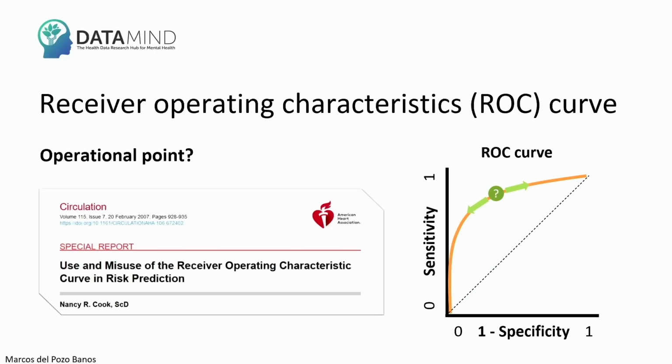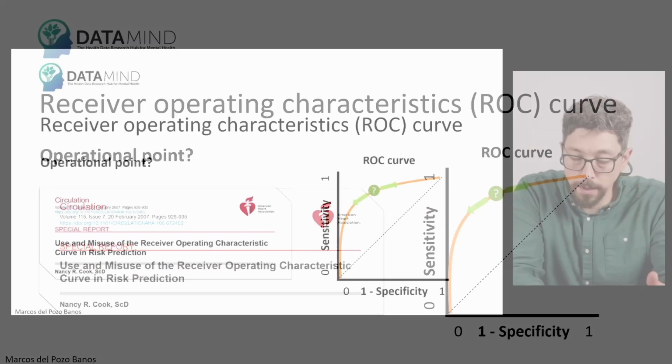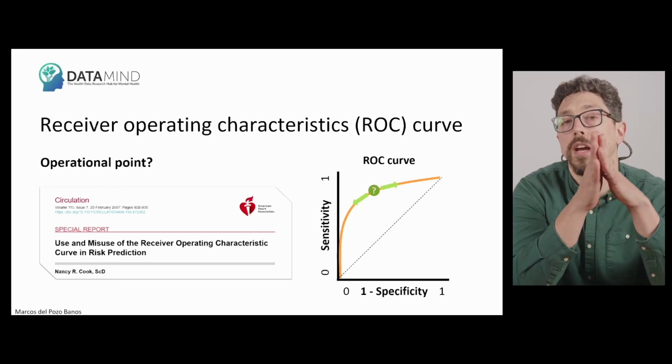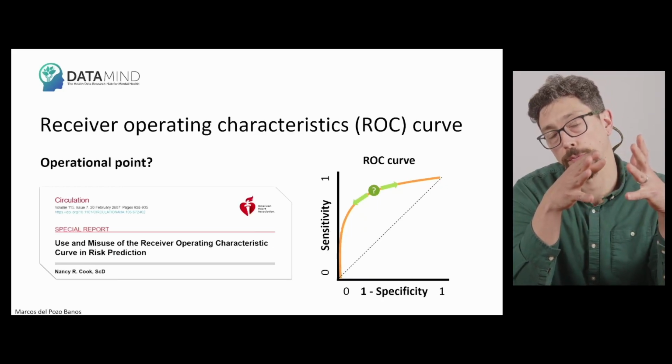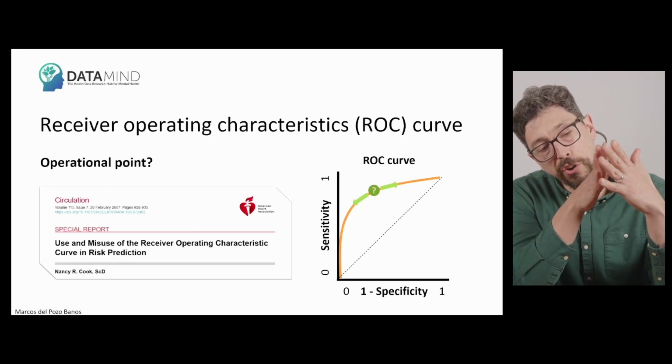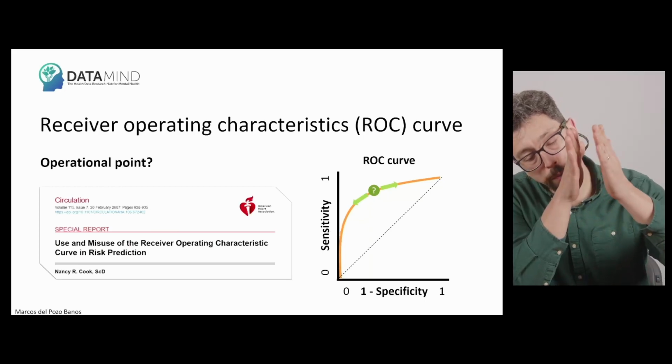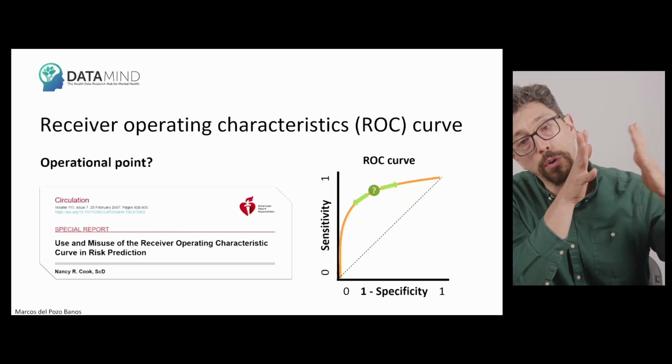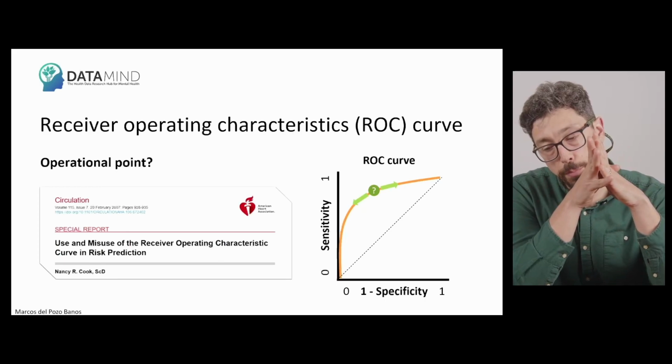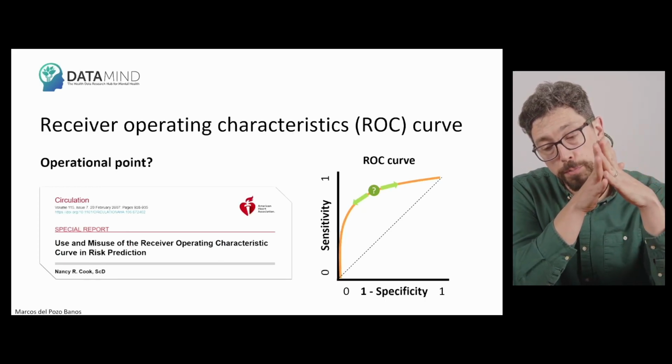Now, what are the issues with the ROC curve? Well, think back to how we computed the ROC curve. We computed this curve by trying all the possible thresholds on our computed scores.